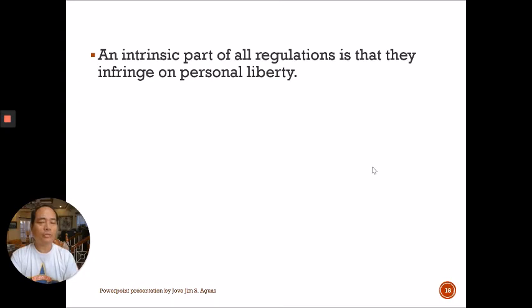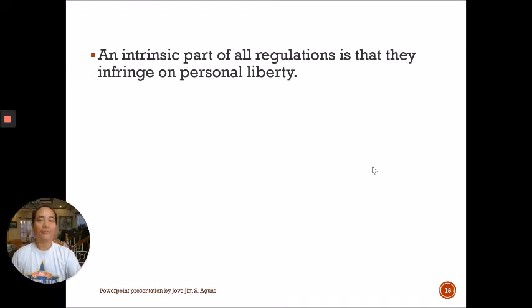There will always be, because when you try to formulate a rule, for example, it's always a consequence of the rules that your personal liberty is affected, right? Like for example, the regulation is you cannot go out of the house during the ECQ, but it infringes on your personal liberty because you want to go out, but you cannot go out.